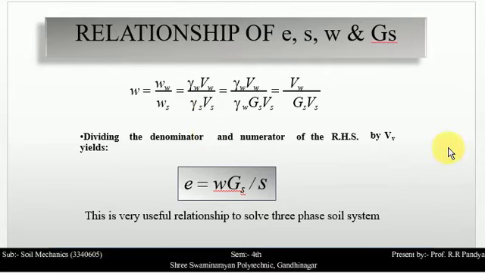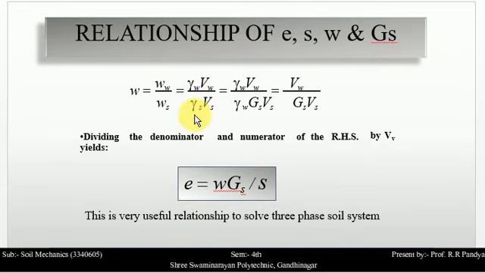Now we want specific gravity in this equation. So here is gamma S and gamma W. We know that the specific gravity is the ratio of gamma S over gamma W, the density of soil solids over density of water. So here we can put the value of gamma S from the same equation.